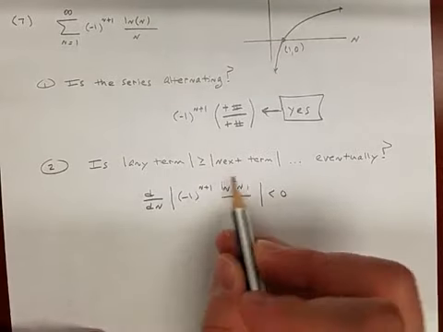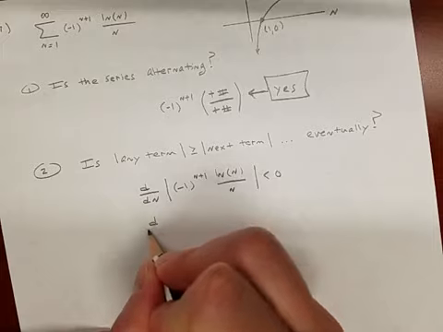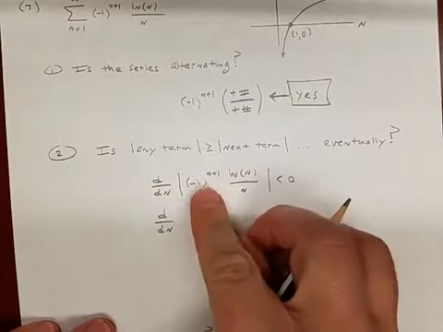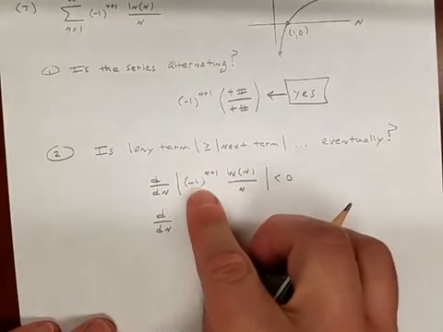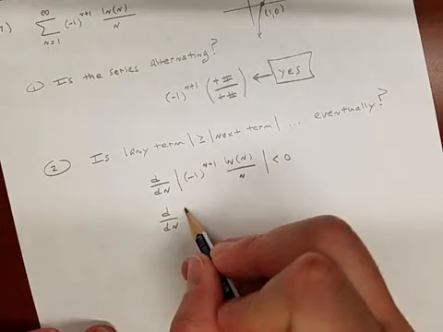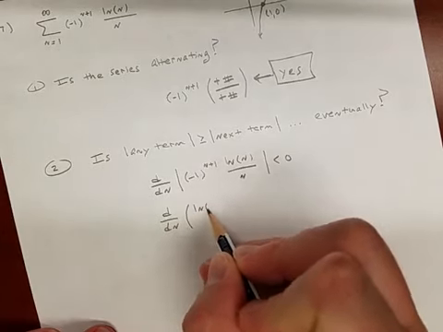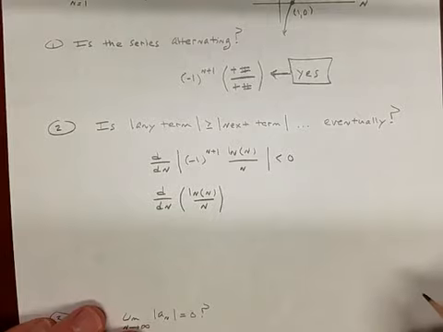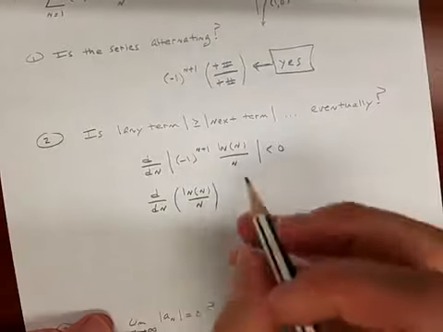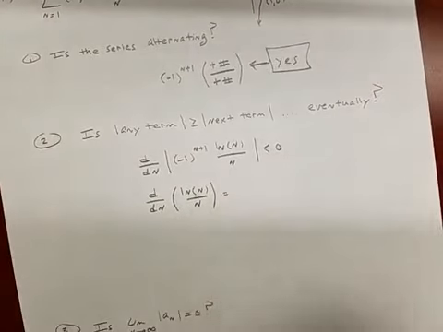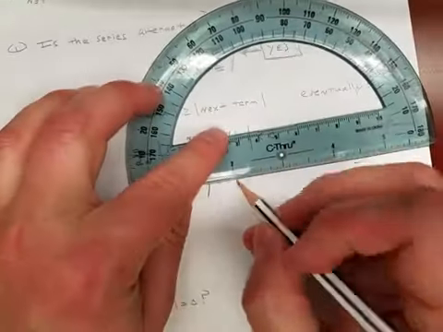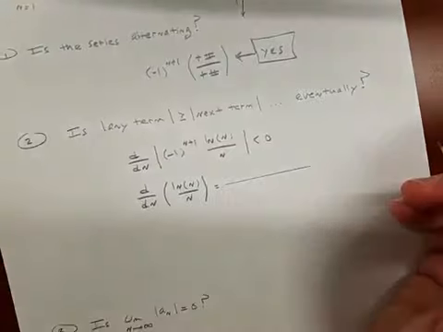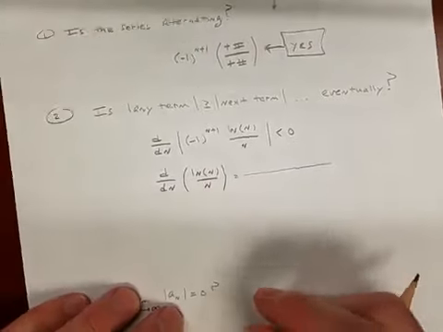Okay, so let's see. That would be hard to take the derivative of, but given that we're working with the absolute value, we can drop that negative 1 to the n plus 1. And all we're going to have is natural log of n over n. Okay, so what's the derivative of that? Well, there's a rule for this, like almost anything. The quotient rule.